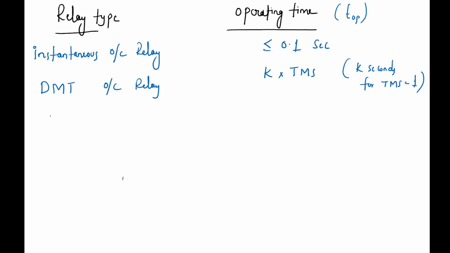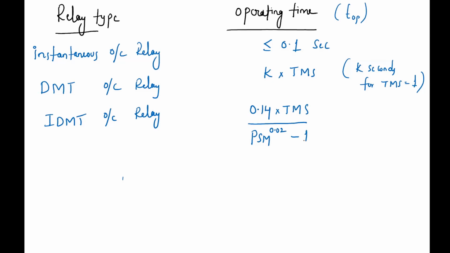Okay. Next is the IDMT overcurrent relay. In an IDMT overcurrent relay, you have both features: you can adjust the plug setting multiplier and TMS. So its operating time is 0.14 into TMS divided by PSM to the power of 0.02 minus 1.